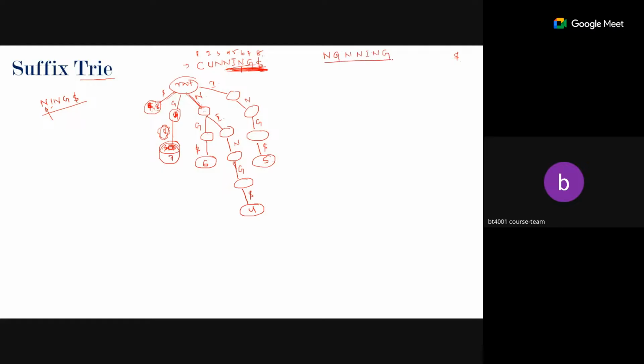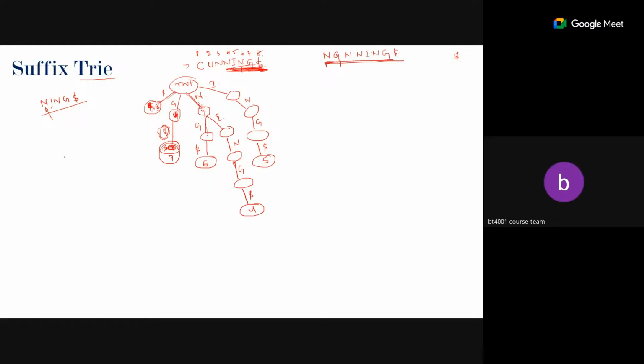When I take the entire suffix ng, I start at n, so I have an edge for n and I go over here. Then I look for g, so I will traverse this path along g. I will not be adding another edge for g.